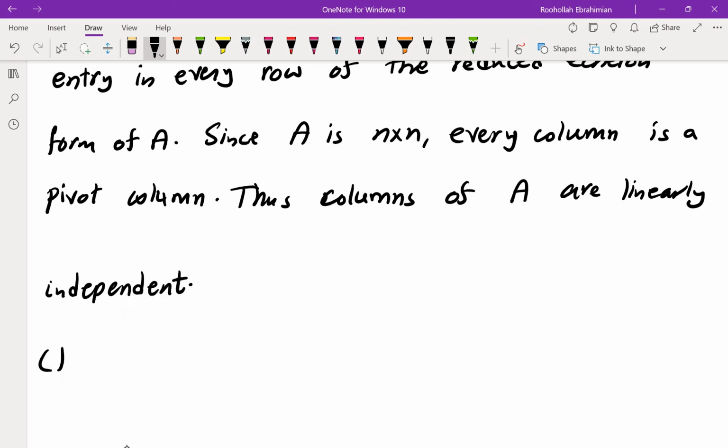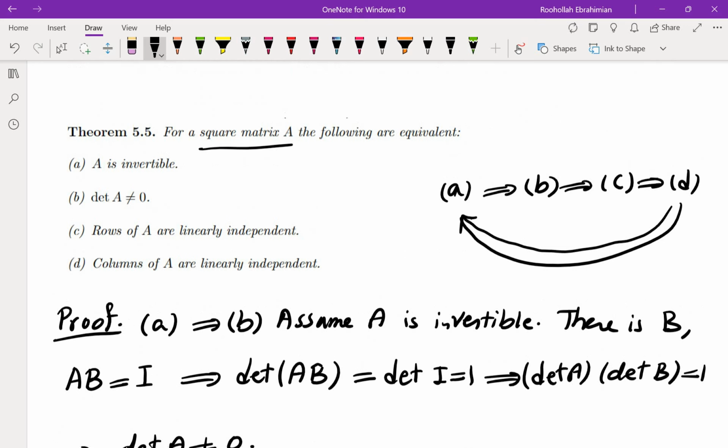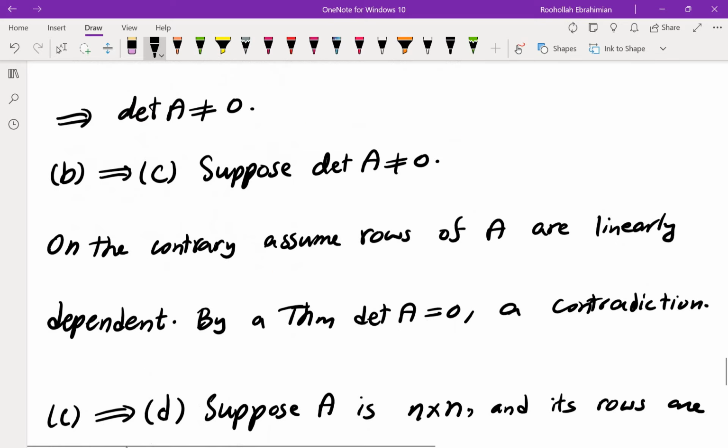Finally, we want to show that D implies A. If the columns of A are linearly independent, we want to show that A is in fact invertible. One way would be a similar argument showing that the rows are also linearly independent. But you could also argue directly: since the columns are linearly independent, there would have to be n pivot columns, n pivot entries.